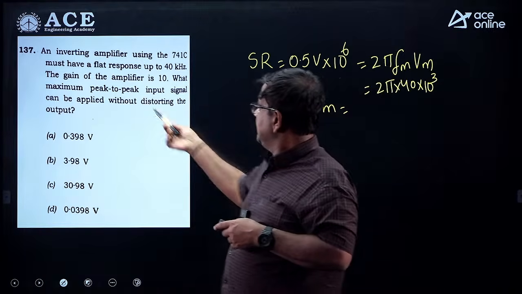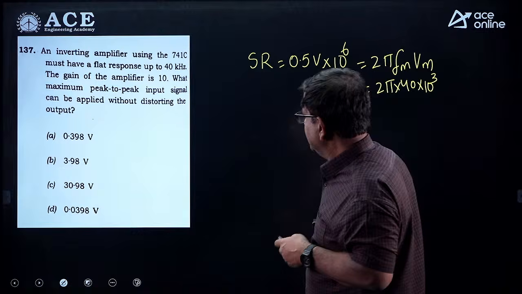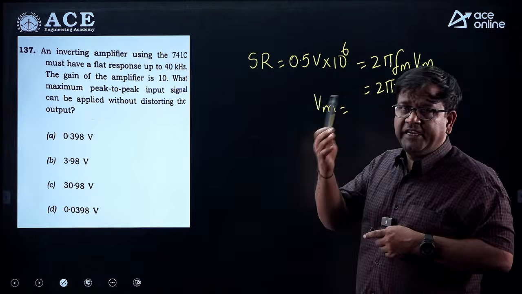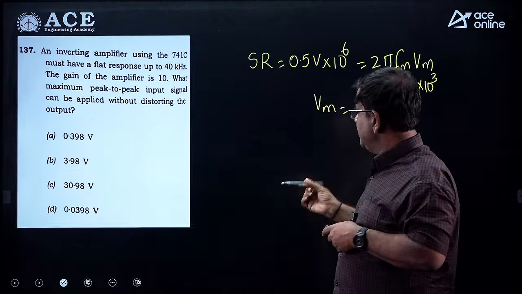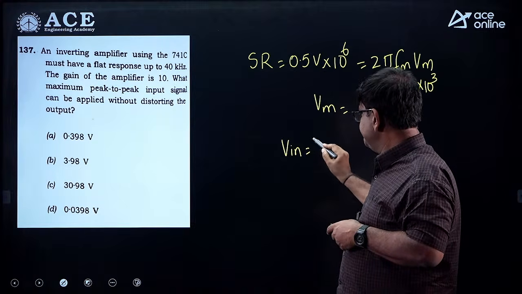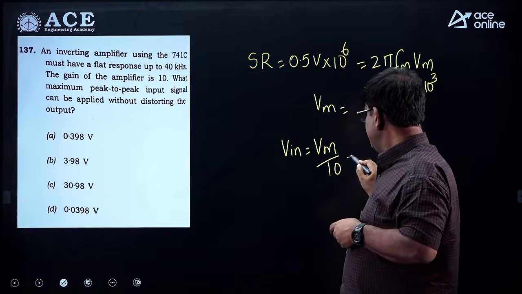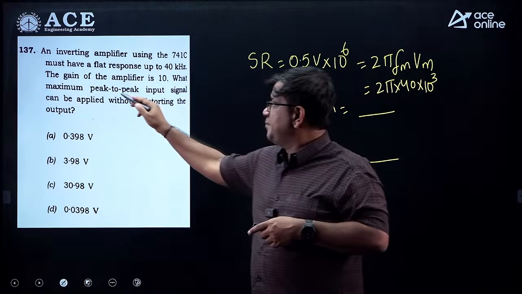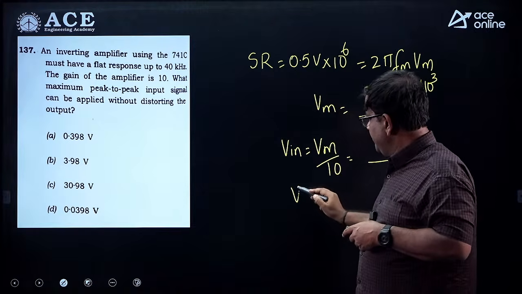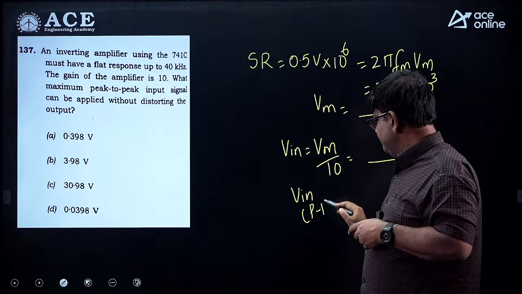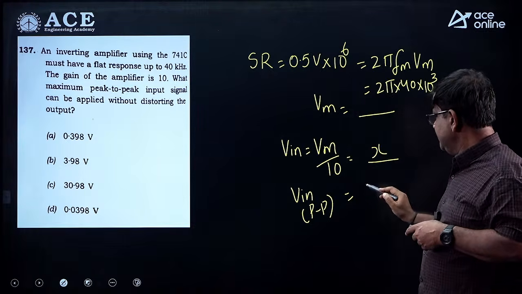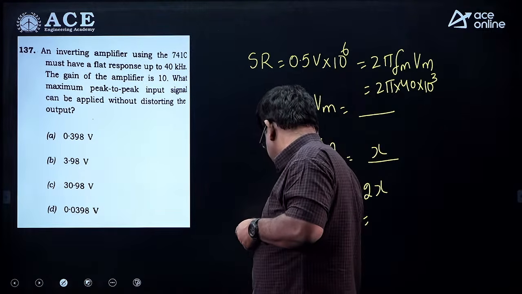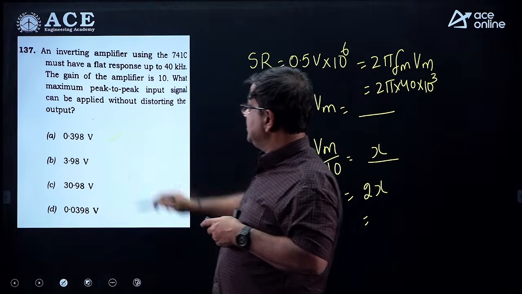But what does he want? The gain of the amplifier is given. When gain is given, what is the maximum peak to peak of input signal? We know gain is output by input, that means input is output by gain. So, first take Vm, substitute here, but mind you, he has asked peak to peak, not peak. So, peak to peak means you have to multiply this by 2. Suppose this value x, 2x. If you substitute, you will get this answer.